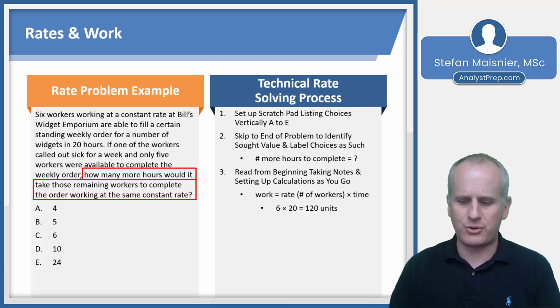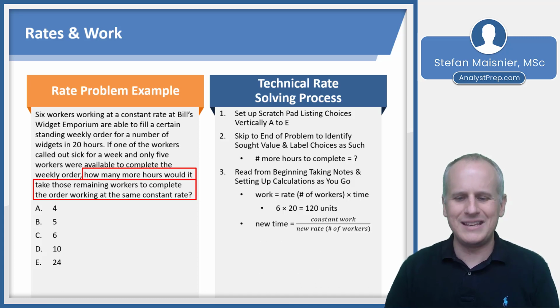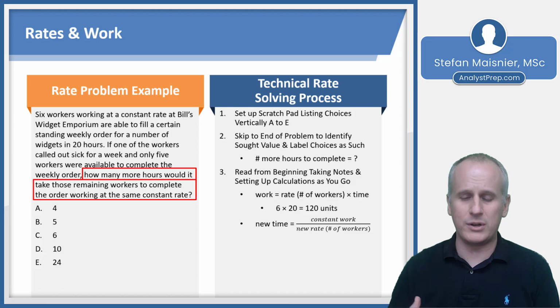Now we need to solve for our new time, which is going to be the constant work divided by the new rate, which again is just articulated by the number of workers. Our new number of workers, we've been told, is going to be 5.